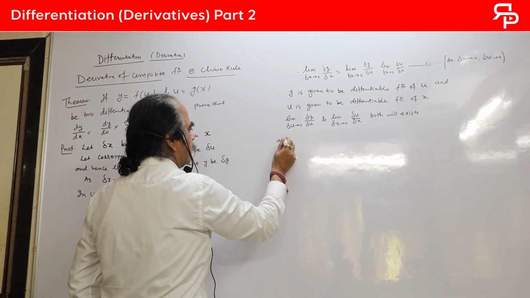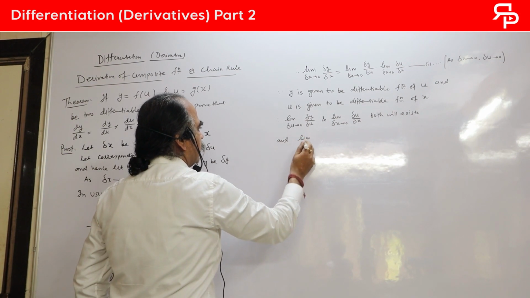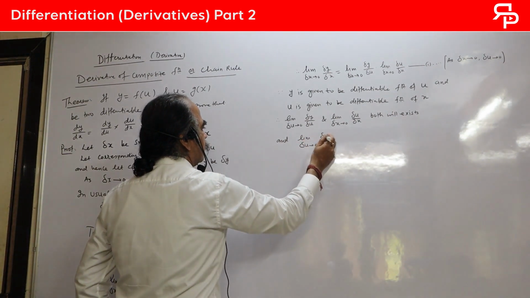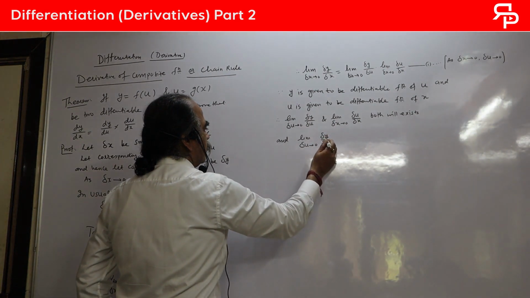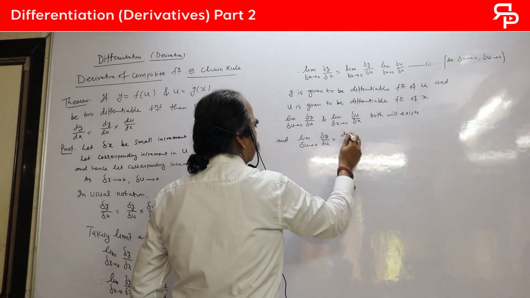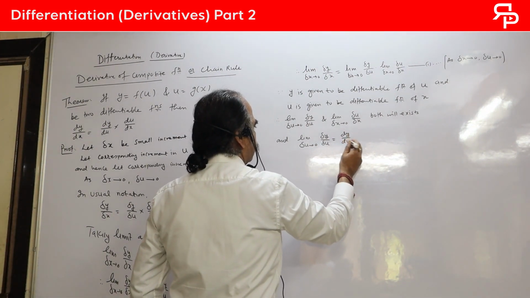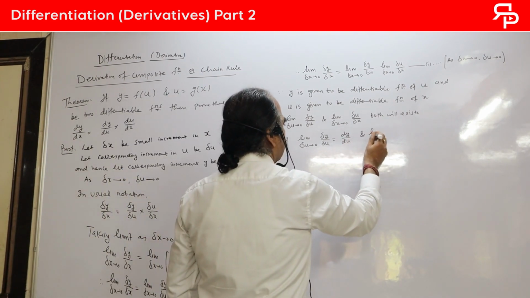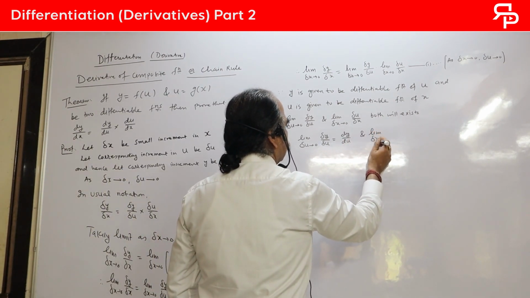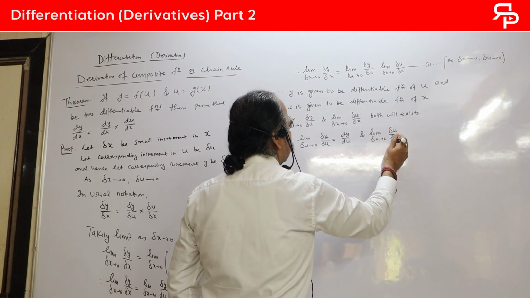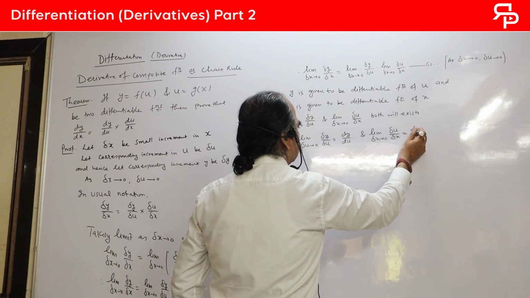And limit delta u tends to 0, delta y by delta u is what? dy by du. And limit delta x tends to 0, delta u by delta x is what?